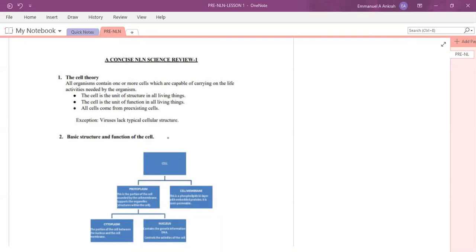So, a quick overview of what a cell is made up of. Basically, a cell is made up of protoplasm and the cell membrane. Protoplasm and cell membrane.